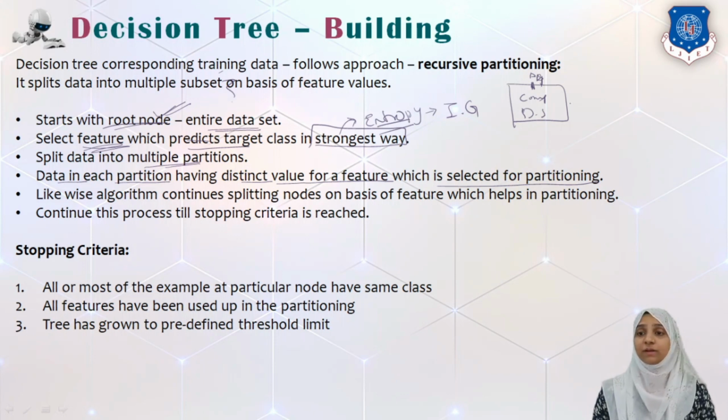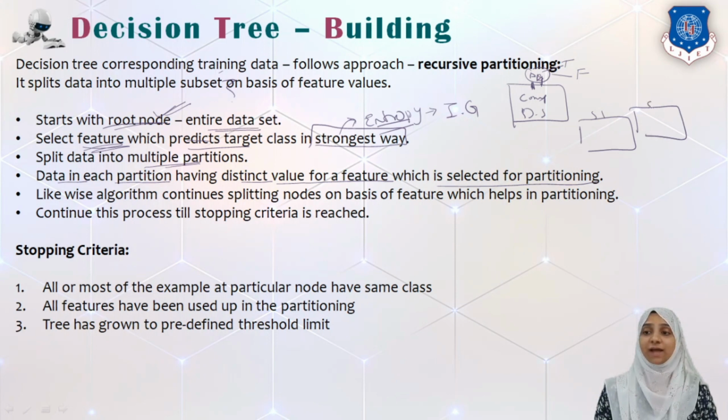Now, this attribute has only two values, either true or false. So, in our first split, we will have two partitions, subset 1 and subset 2. Subset 1 will have all those data elements for which the attribute 4 value is true, and subset 2 will have all those data elements for which the attribute 4 value is false.